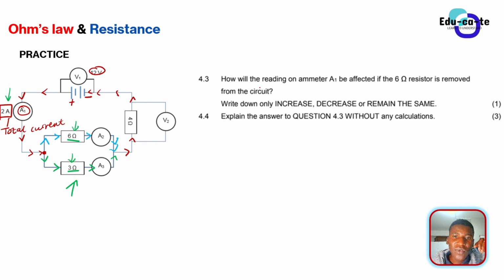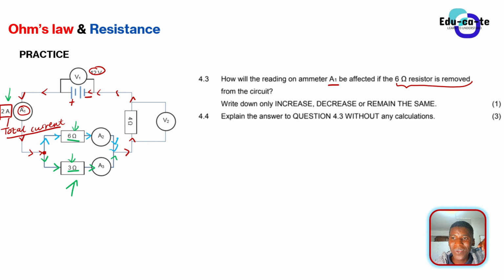Here we go. So now how will the reading on ammeter A1 be affected if the 6 ohms resistor was removed from the circuit? What will happen to the reading on ammeter A1? Remember, the reading on ammeter A1 is the total current.